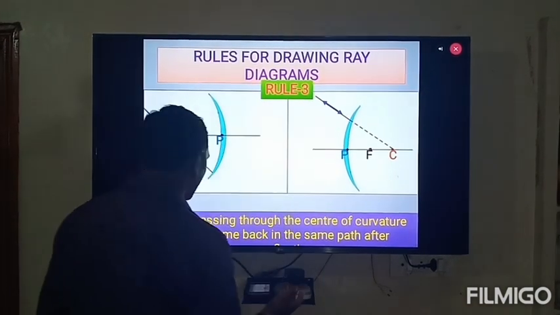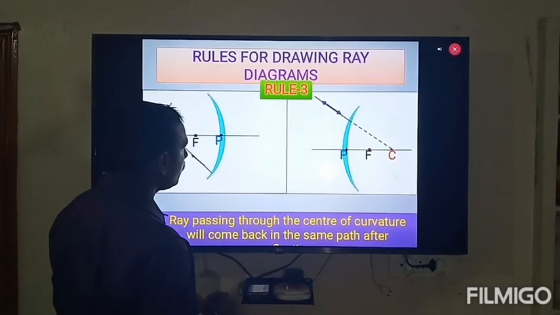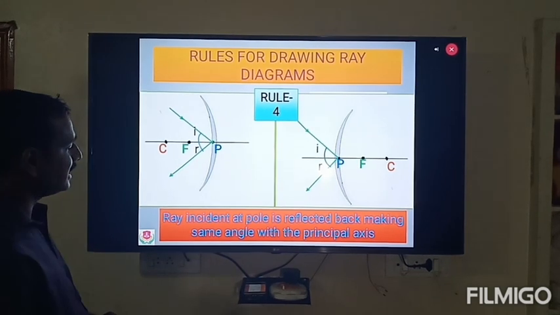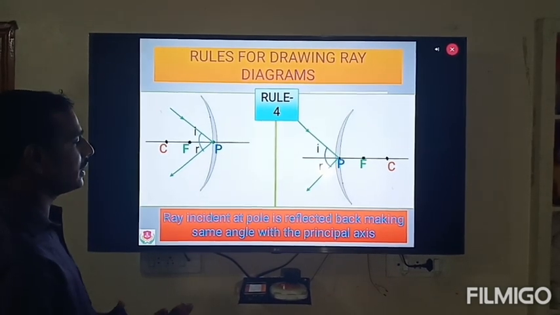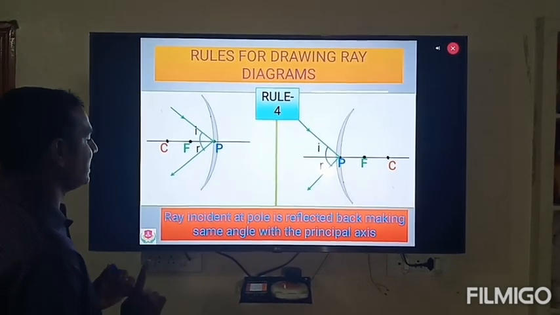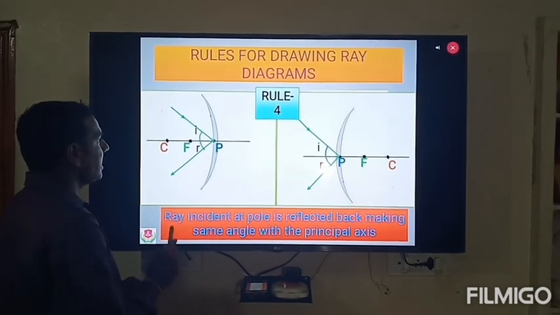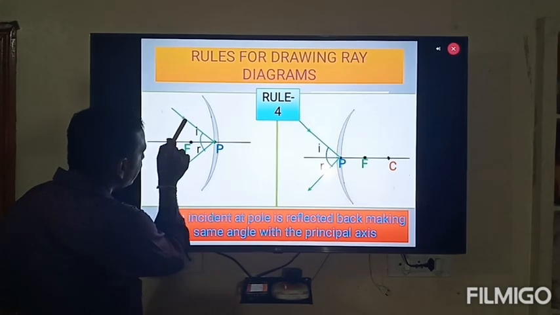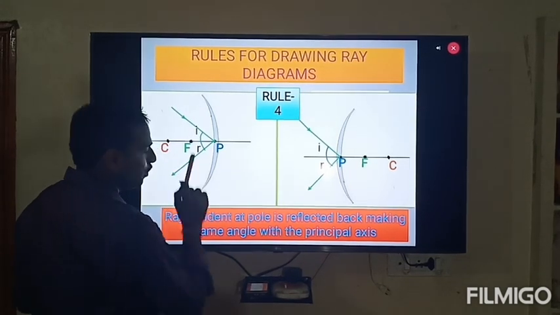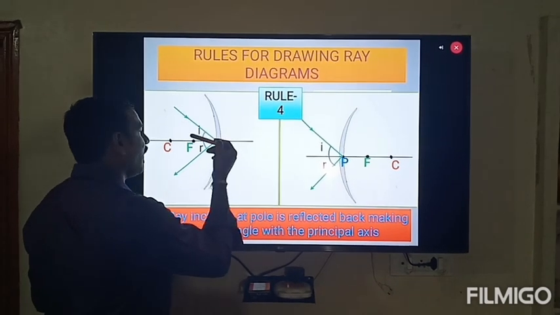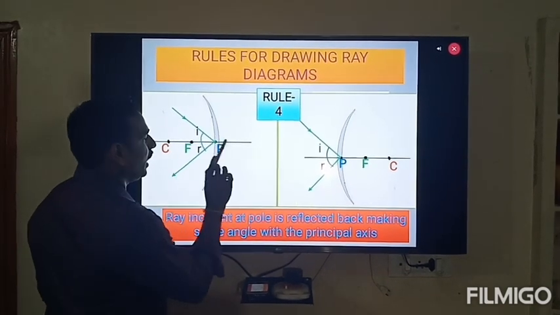Okay. Now the last rule, rule 4. What is rule 4? Ray incident at pole is reflected back, making the same angle with the principal axis. See, in this case, the ray which is falling at the pole makes an angle I with the principal axis.